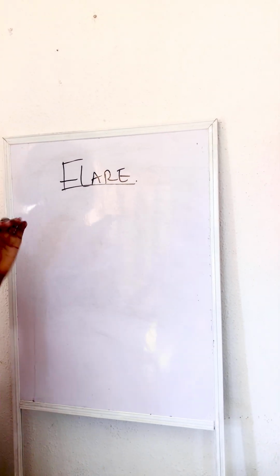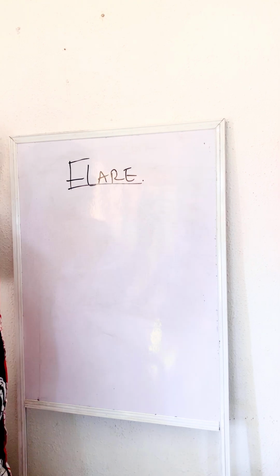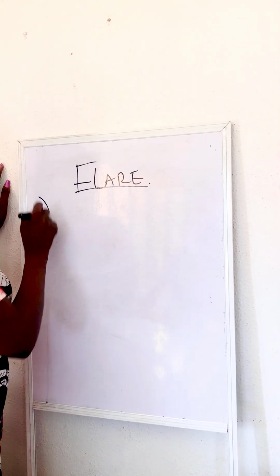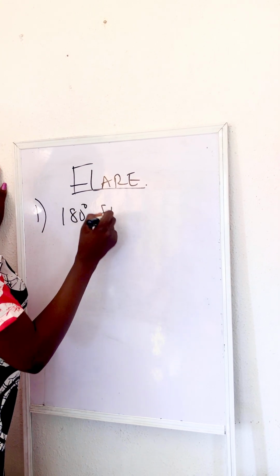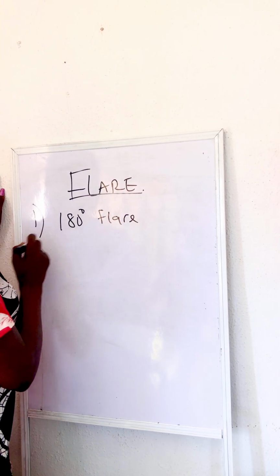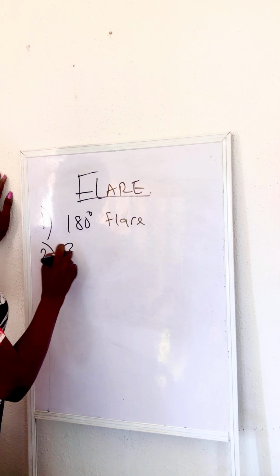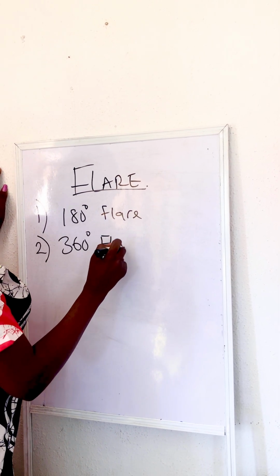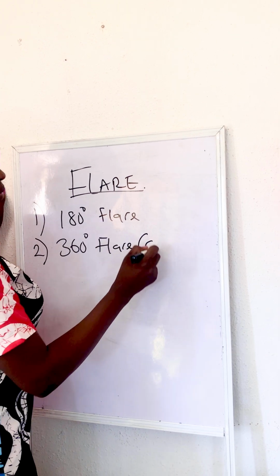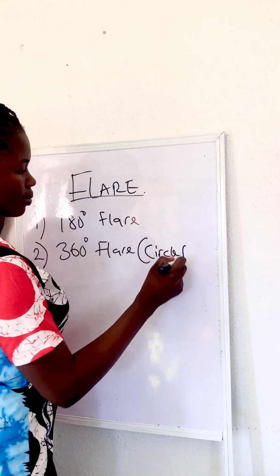So this is the flare that I want to do. I'm going to be treating 3 different types today. The first one, we have the 180-degree flare. The second one, we have the 360-degree flare. This is what we call the cycle flare.